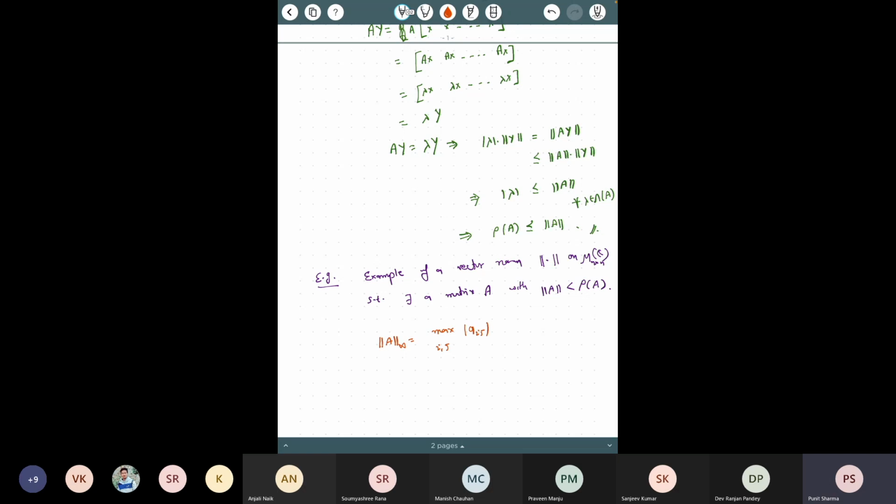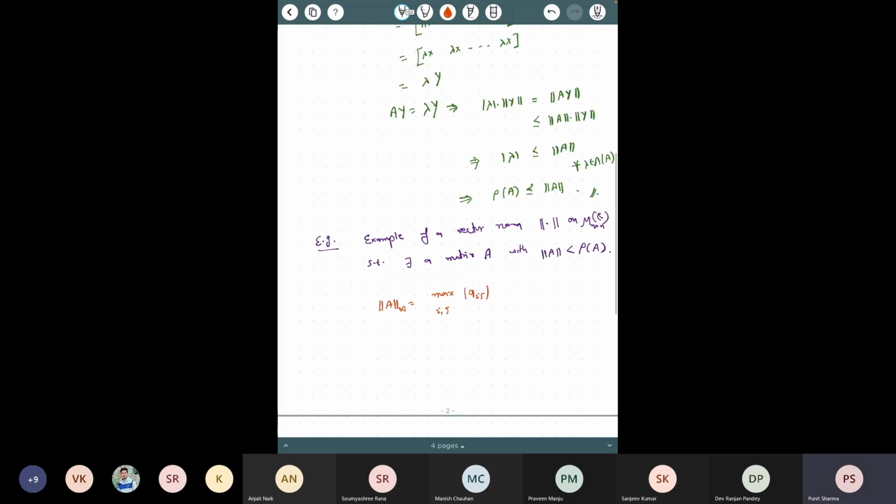Now for this norm, which is a vector norm, if you take this example, can you tell me what would be the spectral radius of A? 2. Spectral radius is 2.